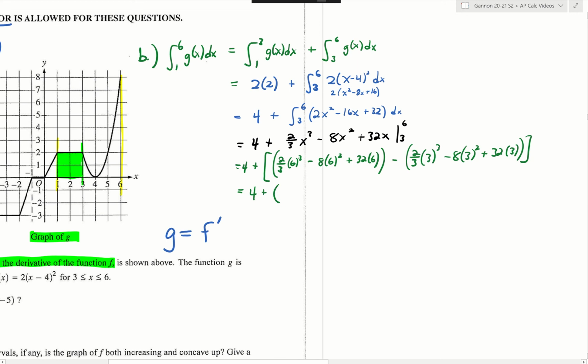So 216 times 2 is 432. So this is 432 over 3 minus 36 times 8, which is 288. And then 32 times 6 is 192.